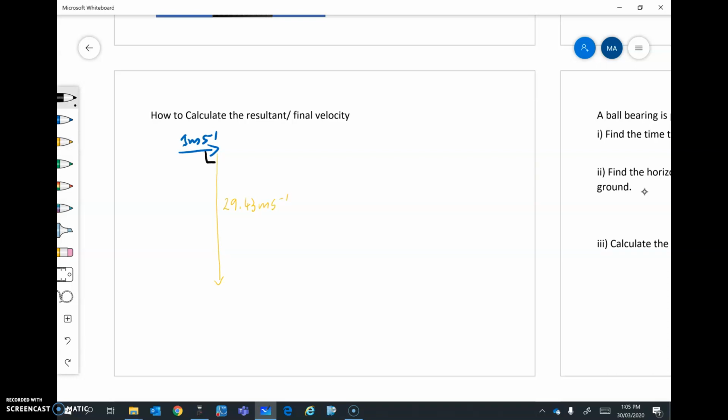Now they form a right angle triangle. So we can use Pythagoras Theorem to get the magnitude of the resultant velocity. I'll call it V-res. You might want to pause the video and see if you can figure that out yourself, then I'll show you what to do.